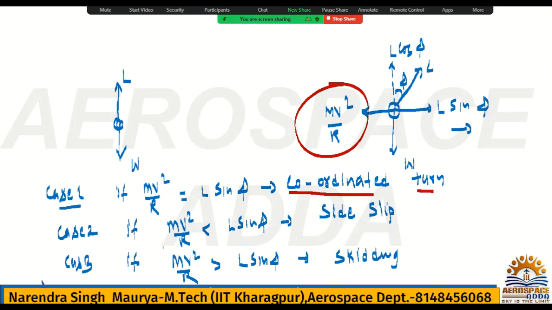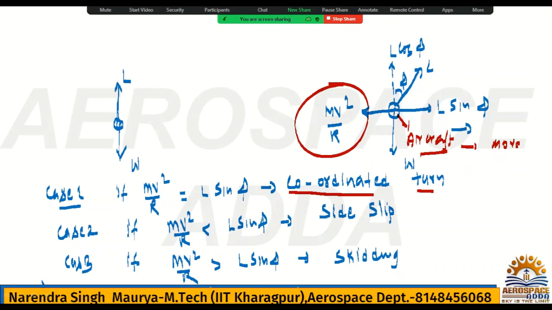But if mv square by r is less than L sin phi, this side force is more, then the aircraft will have a side slip towards the higher force. Second, if mv square by r is greater than L sin phi, then it will be called skidding. It will be going away from the center.